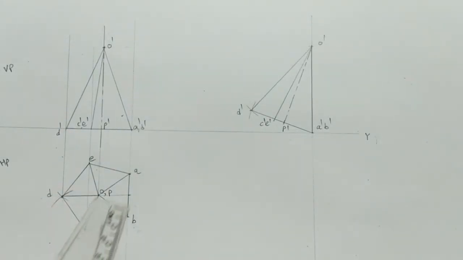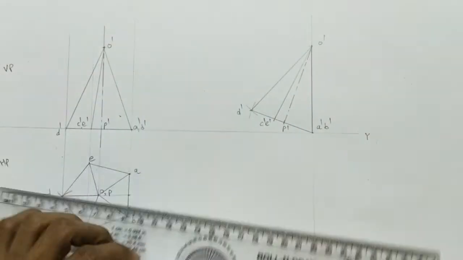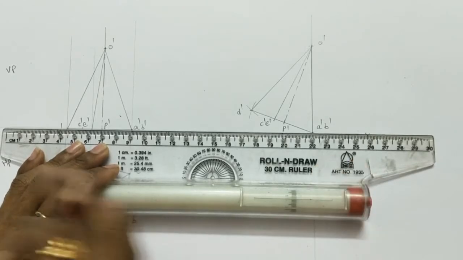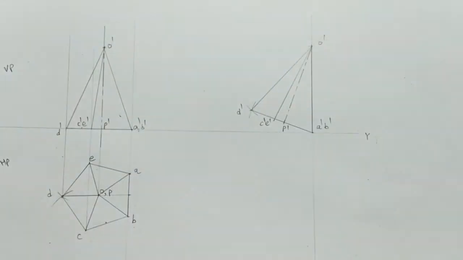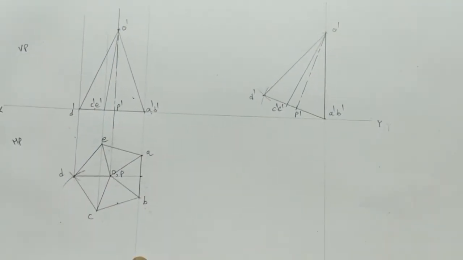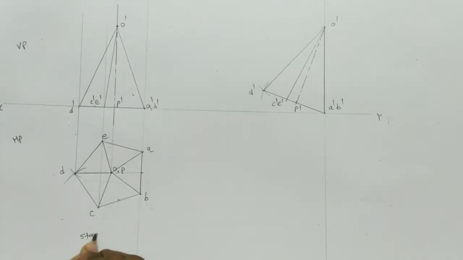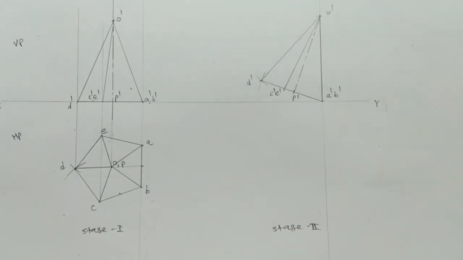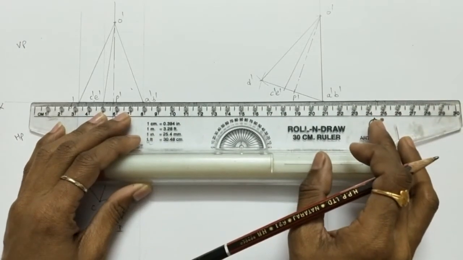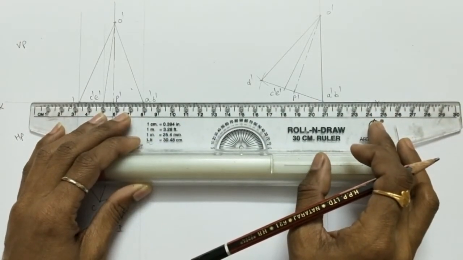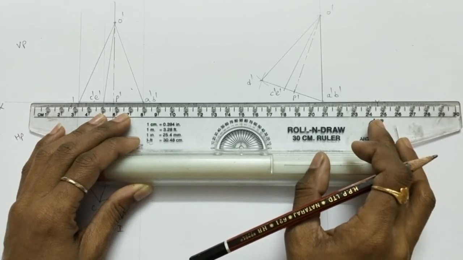Now take projections of this top view in stage 1. This is stage 1, and here this is stage 2. Now take projections of the top view in stage 1 horizontally.